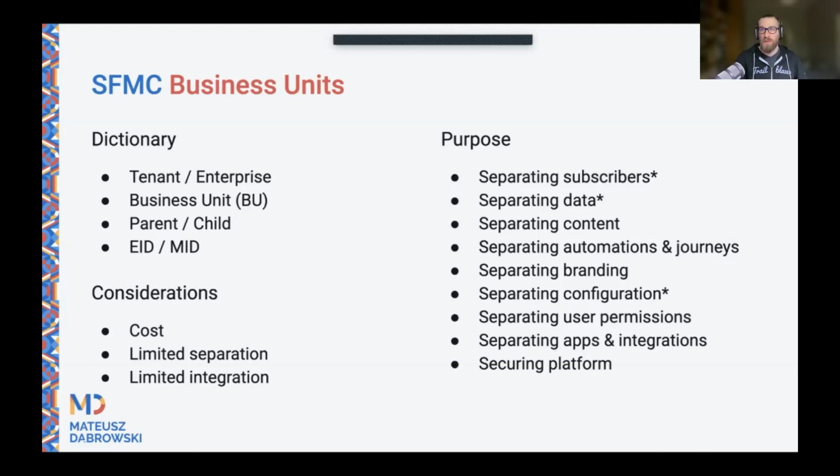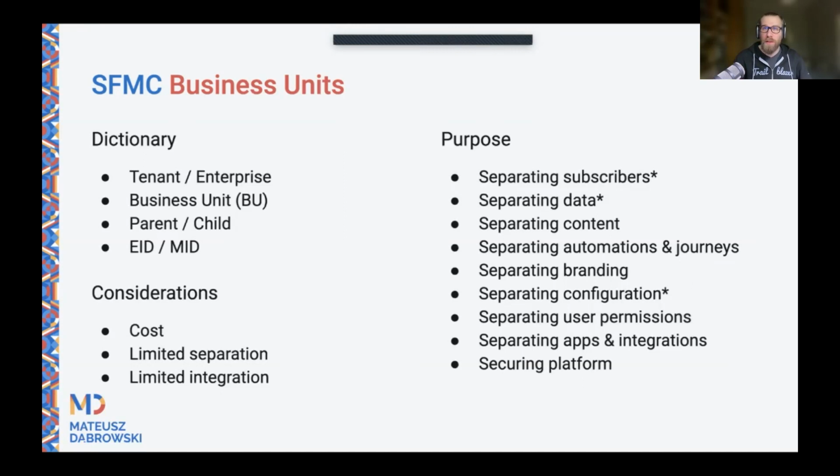So those business units are not fully integrated. There are some use cases where you, for example, cannot easily create a Journey Builder template and roll it out across all the business units using some kind of shared folder. There are workarounds like a package manager, but again, they're workarounds.